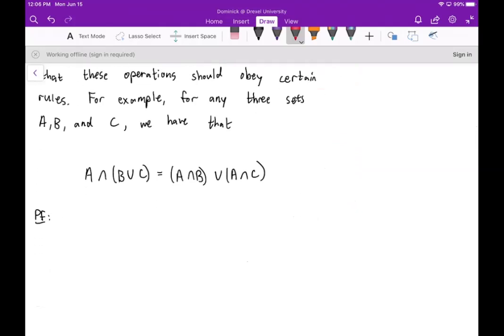And the first one that we'll talk about is the following, where for any three sets A, B, and C, we have that A intersect the union of B and C is equal to A intersect B union with A intersect C. And this is sort of like the distributive property.